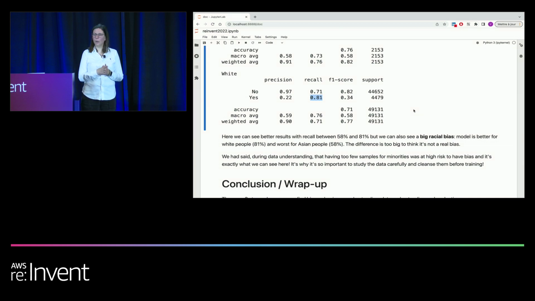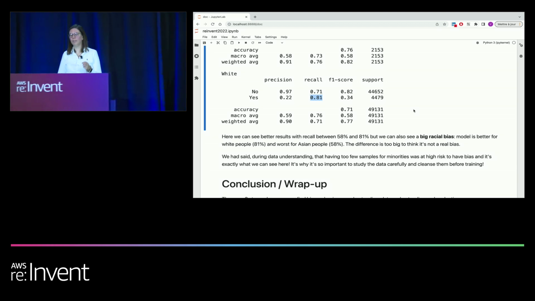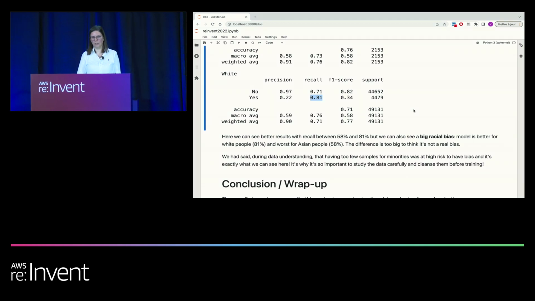And this is a big racist bias. I didn't mean my model to be racist, but I have a racist model here. And I can find that with subpopulation analysis, okay? So do a lot of XAI algorithms to find the most biases that you may have in your models. After that, to finish, I will go back to the slides.